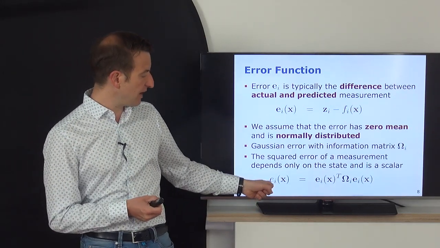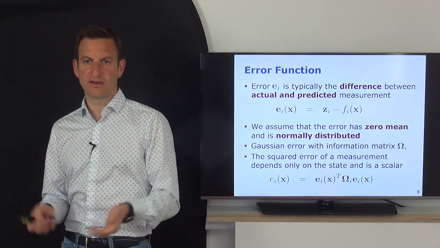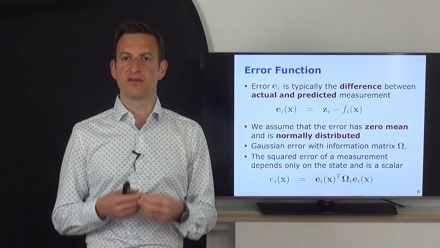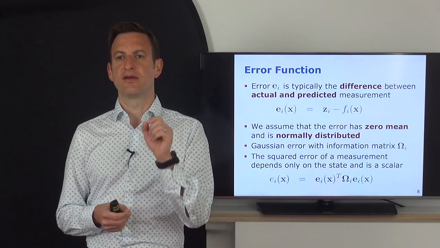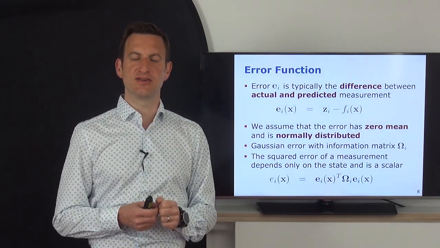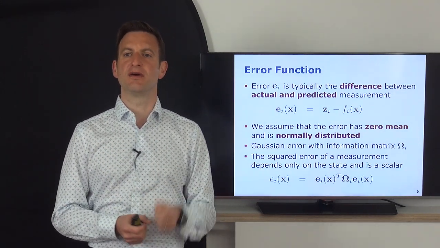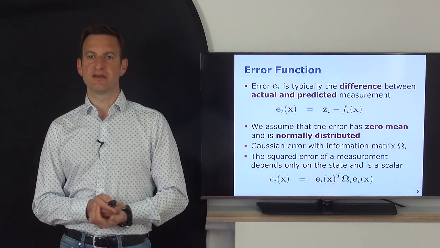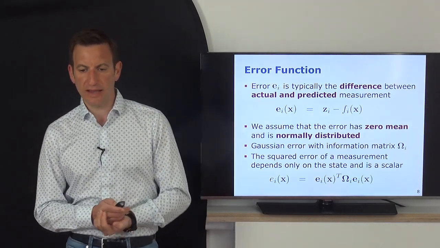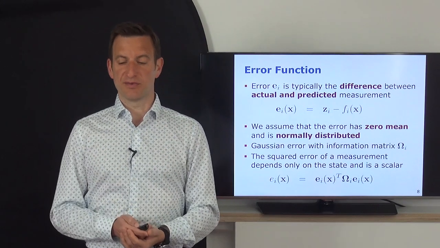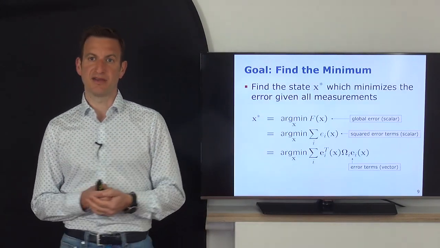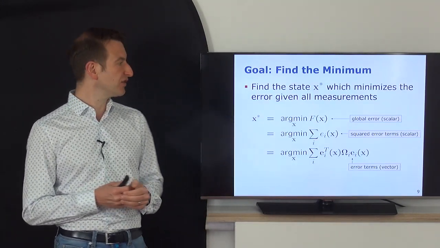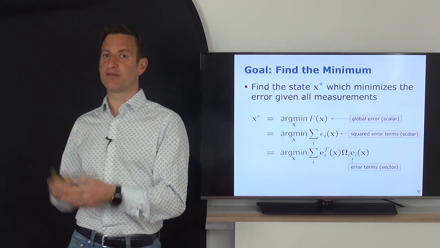Okay, and then this e_i, non-boldface, is a scalar value, and it describes the error that one single measurement actually generates, the squared error term for that single measurement i. Given that we have more than one observation, we are actually interested in minimizing the sum of all those squared errors.